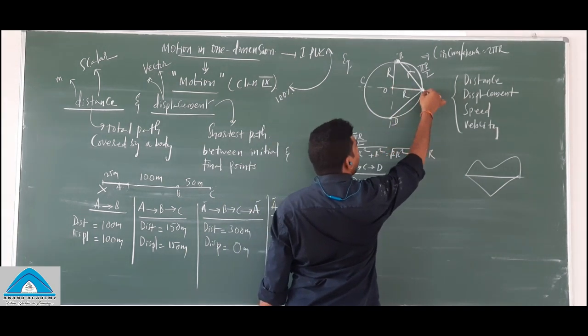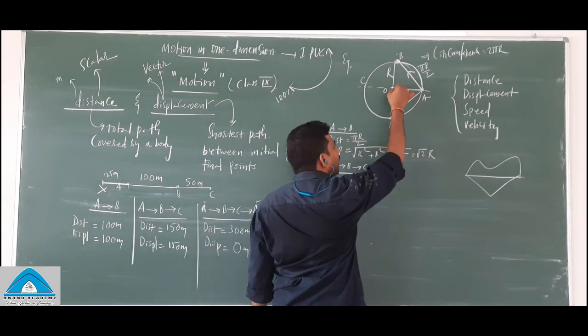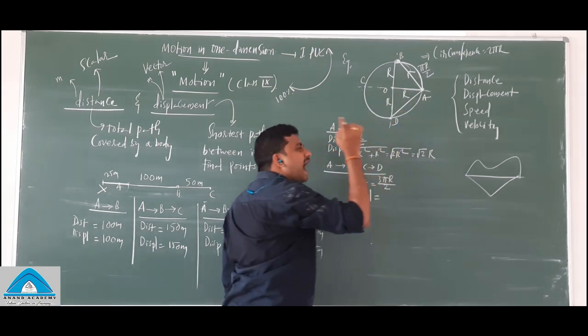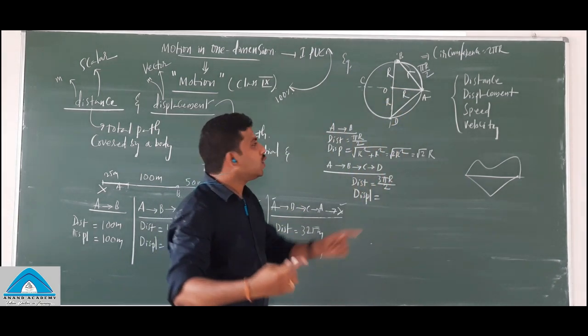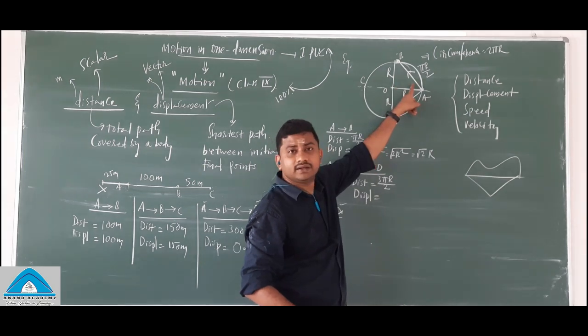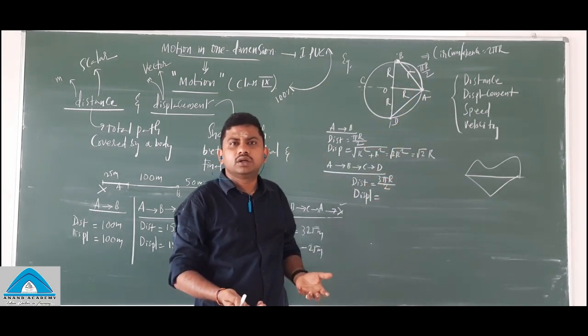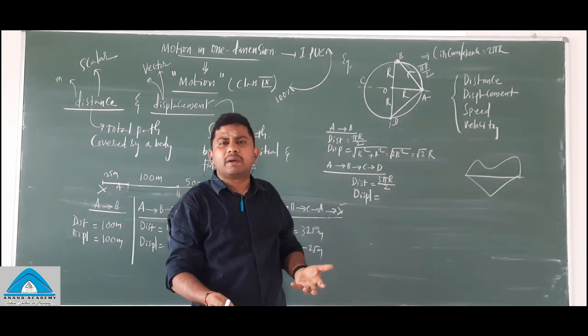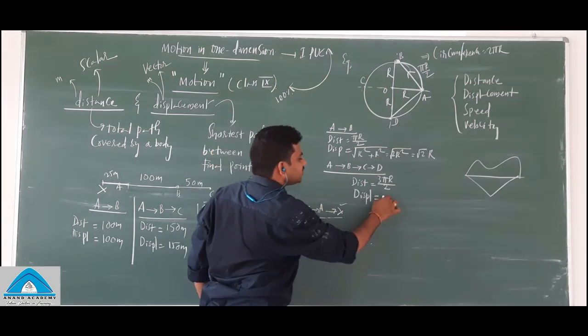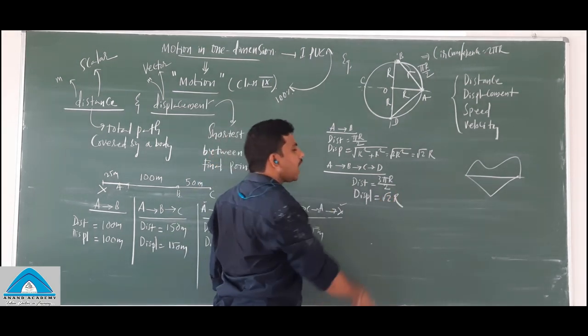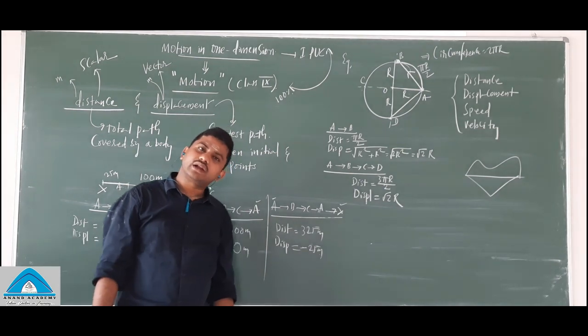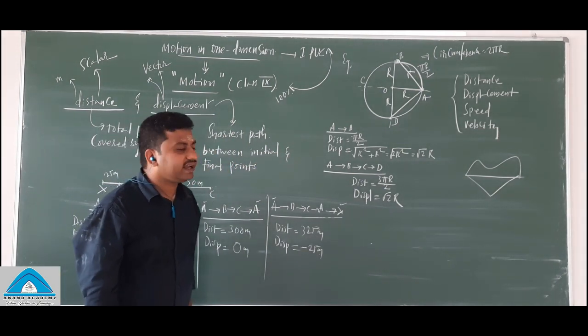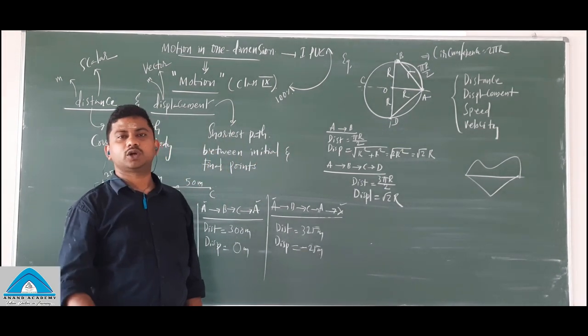This is r, the base of the triangle, and this is also r, the height of the triangle. And this is the hypotenuse of this triangle, right? You know how to find the hypotenuse using the Pythagoras theorem. So this is root 2 into r. Okay, clear? In this way you can find the displacement.